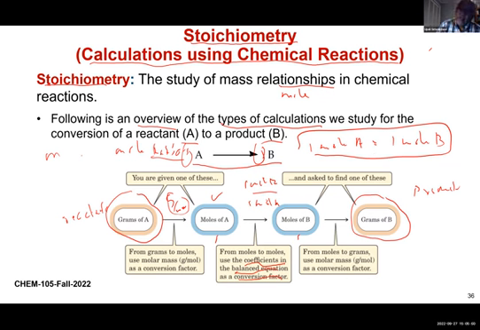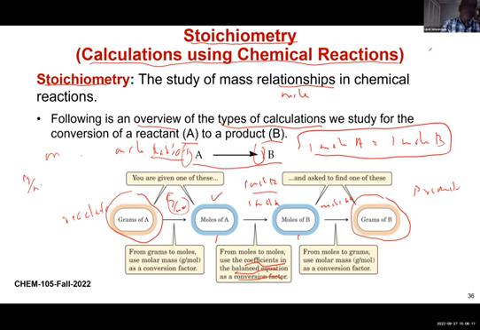So how do you get the grams of B? Moles times molar mass is grams of B. We wrote down those before.